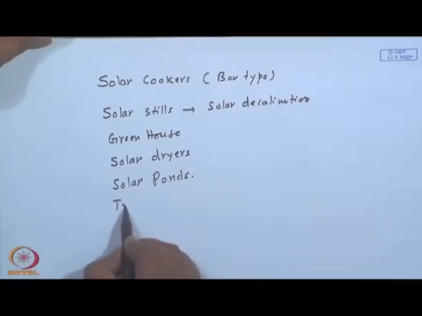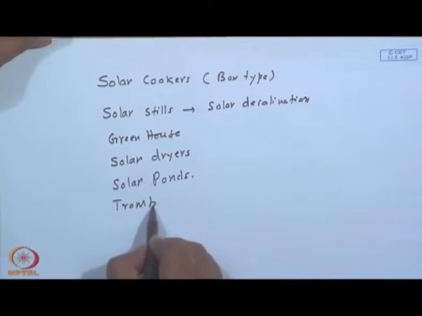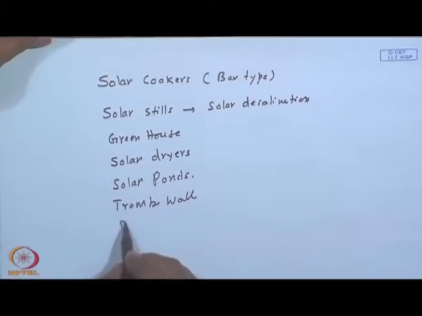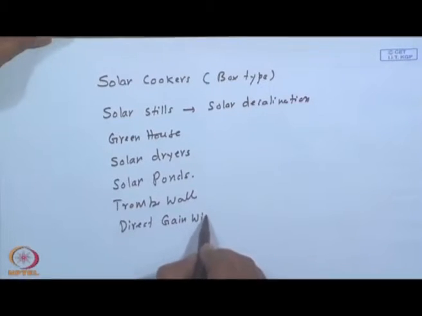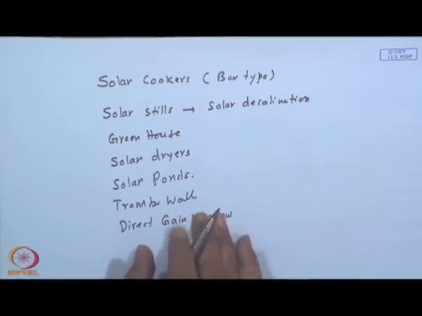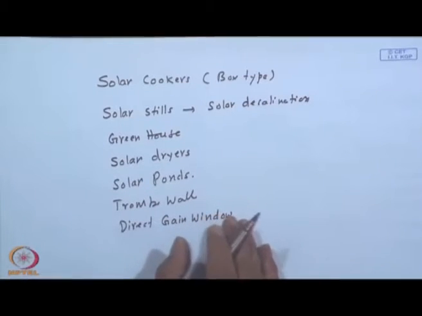Trombe wall, and a direct gain window. These sound highly technical names, but once we explain, these are simple devices. Any window facing south can be a direct gain window, or even east or west.